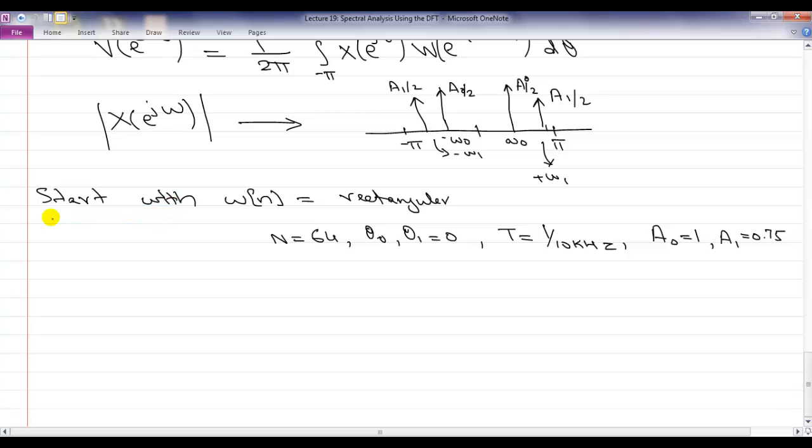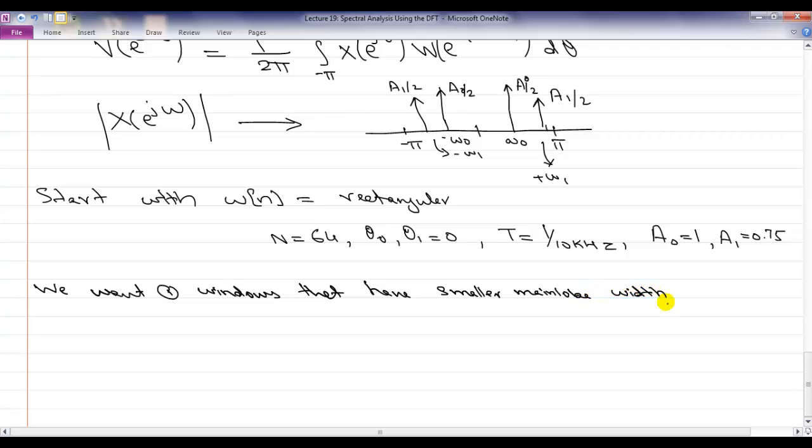So to reiterate, we want, number one, windows that have smaller main lobe width. And we want windows that have lower side lobes.